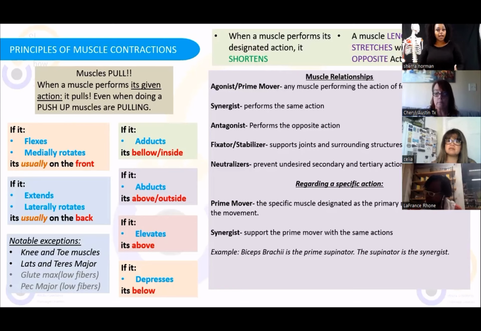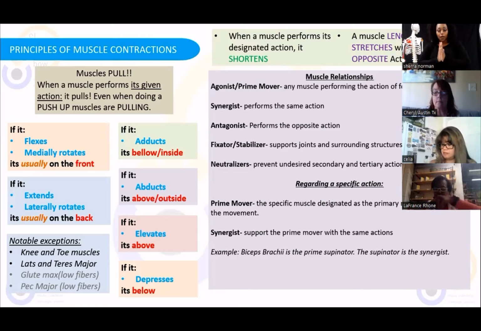Pretty sure that trapezius is the prime elevator of the scapula, and rhomboids and levator scapula are synergists in that action. So when you're talking about an action, yes, you can have a prime mover, and all the other muscles that do that same action are designated as synergists because they're not as strong. They assist the triceps. I keep saying triceps, trapezius. They assist the trapezius, the traps.